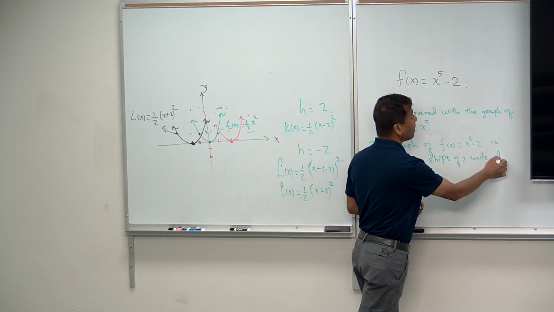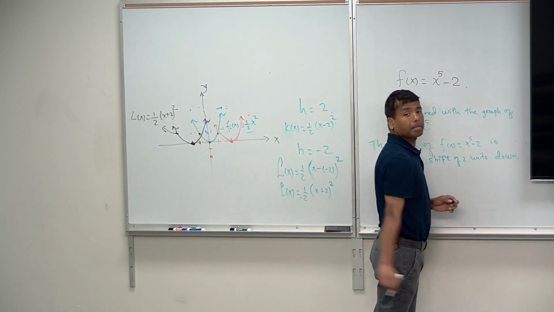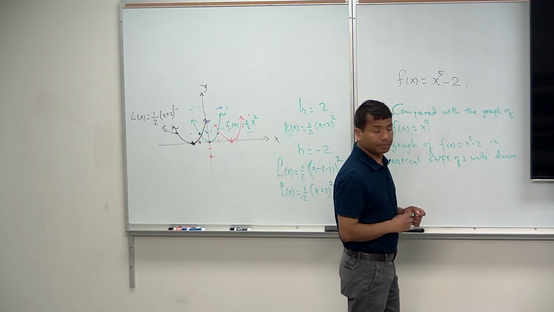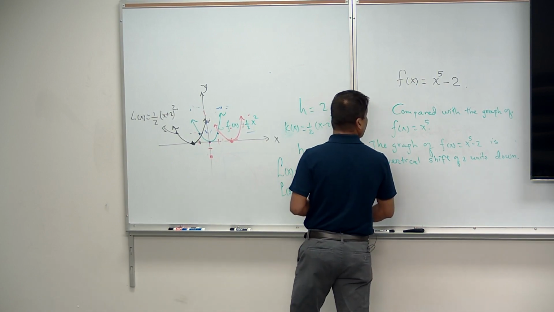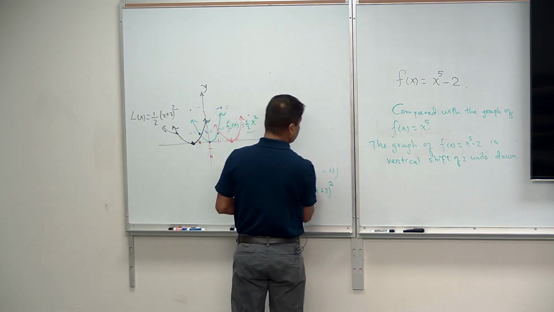Is that right? That makes sense? So now the graph of f(x) equals x to the power 5.